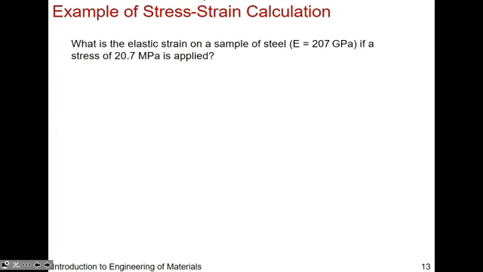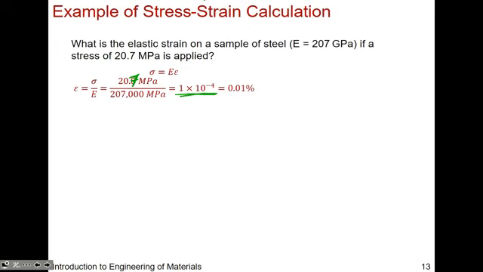Then we can calculate the elastic strain in this material, and you just apply the relationship like so. Here it says 20.8, although it really should be 20.7. Sorry about that. And when you divide it, you get 0.0001.